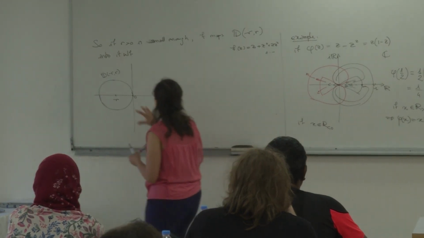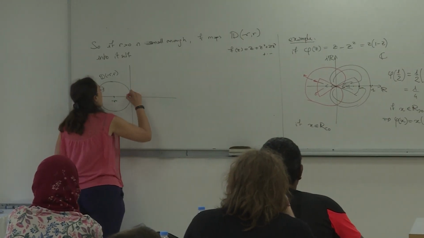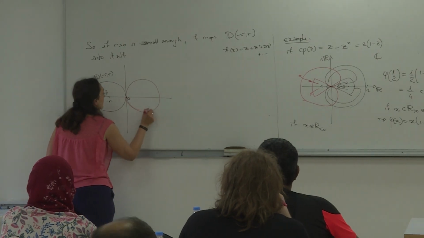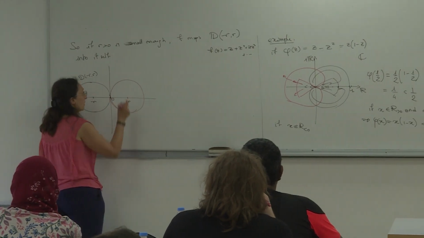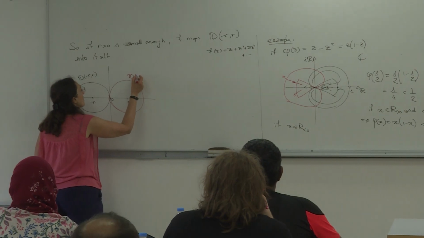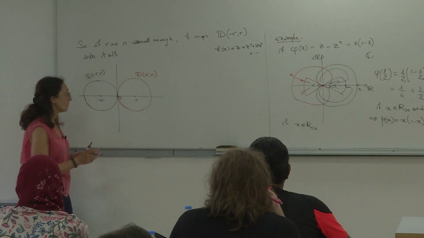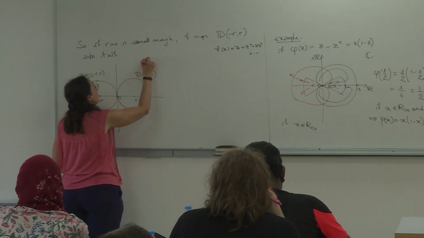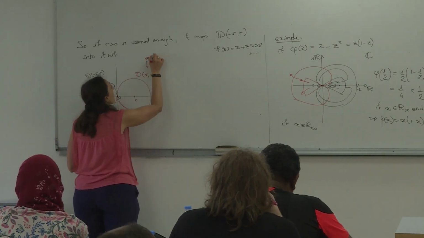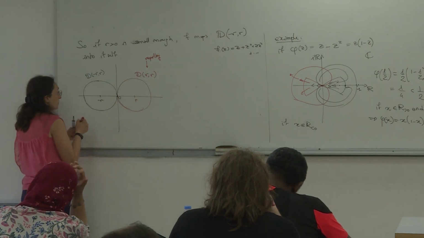So this is going to be the attracting one. And similarly on this side, you're going to have this disk of center r and radius r. So this is going to be repelling, and this is going to be attracting.